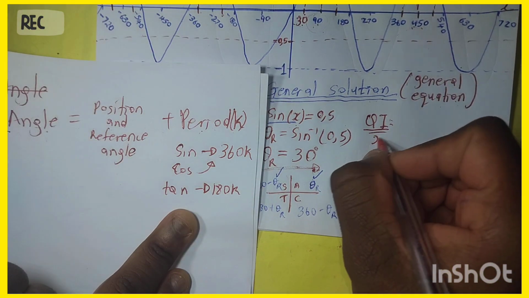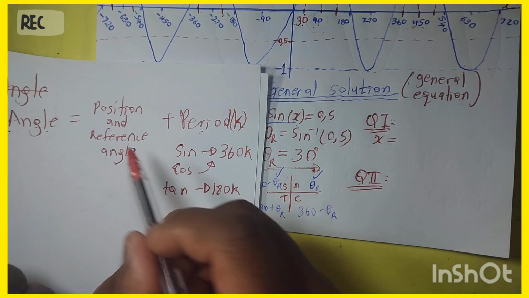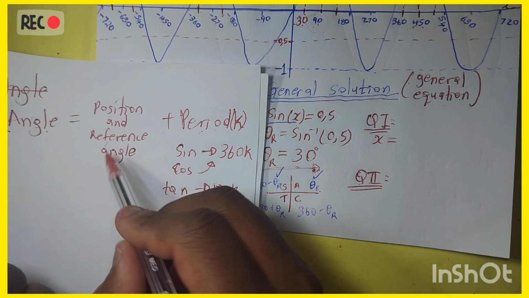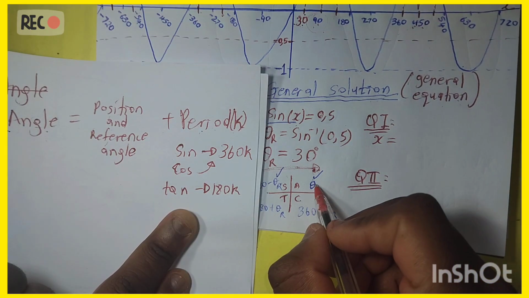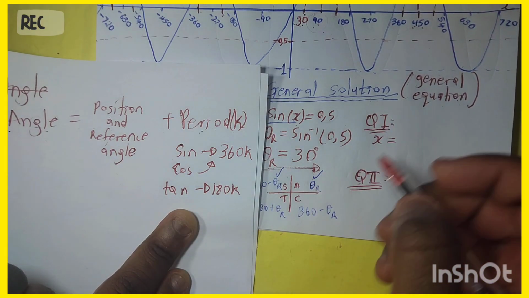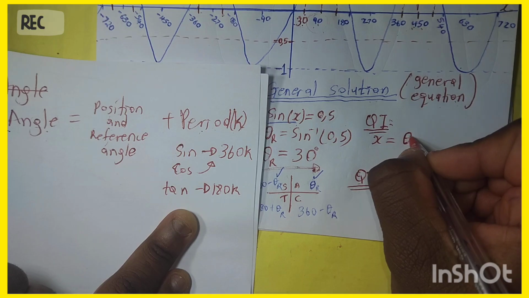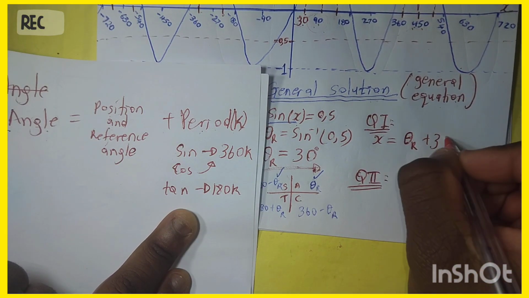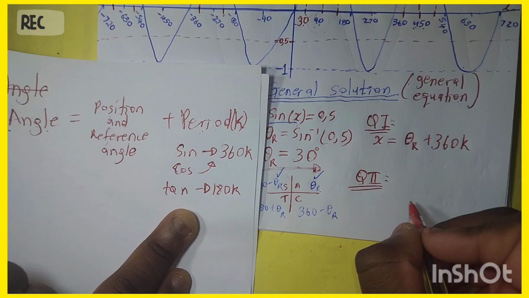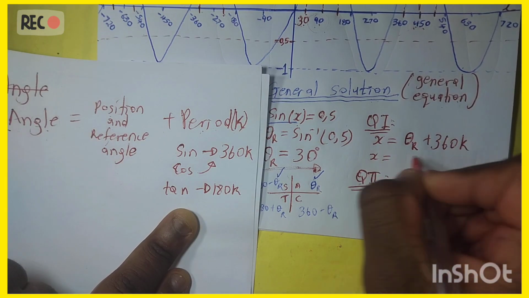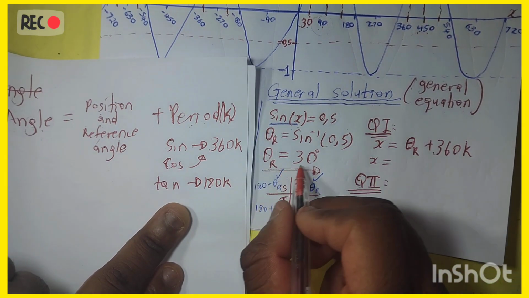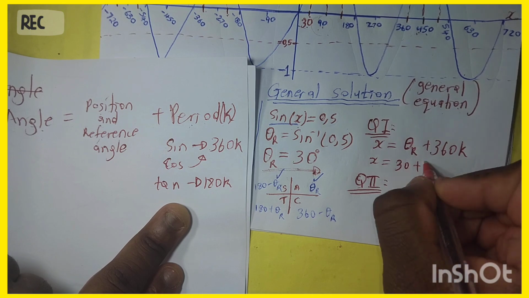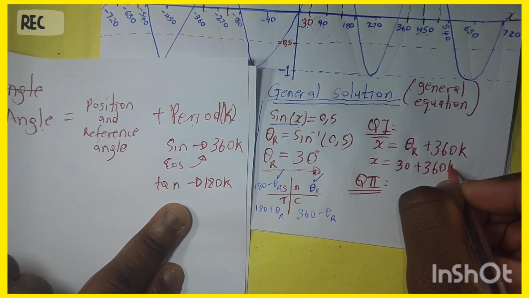I'll just say here angle is equal to position and the reference angle, meaning that a position, guys, from the first quadrant, is this one, and the reference angle, and say plus the period and k there. When I substitute here, my reference angle I got there is 30 plus 360k.